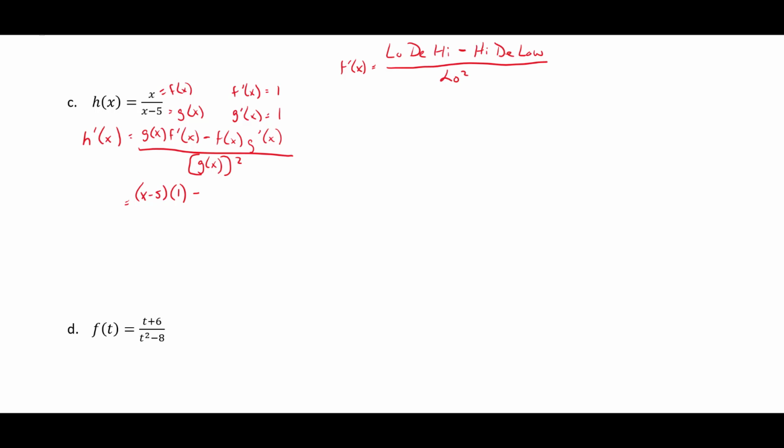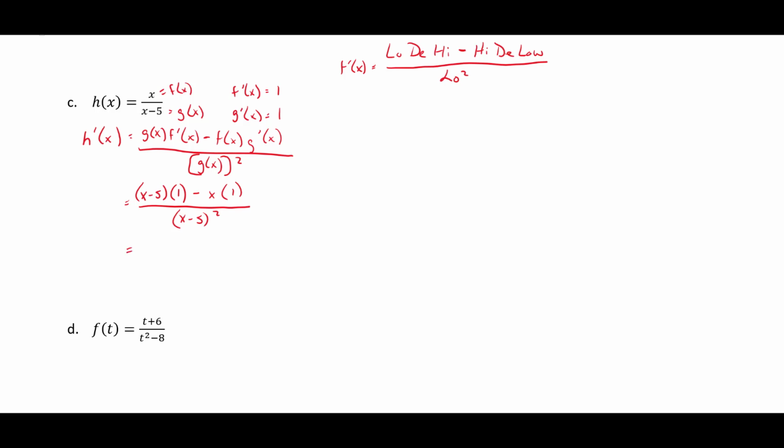So low times the derivative of the top, minus top times derivative of the bottom, all over bottom squared. So here that's x minus 5 times 1, minus f of x, which is x, times g prime of x, which is 1, all over g of x squared, so x minus 5 quantity squared.